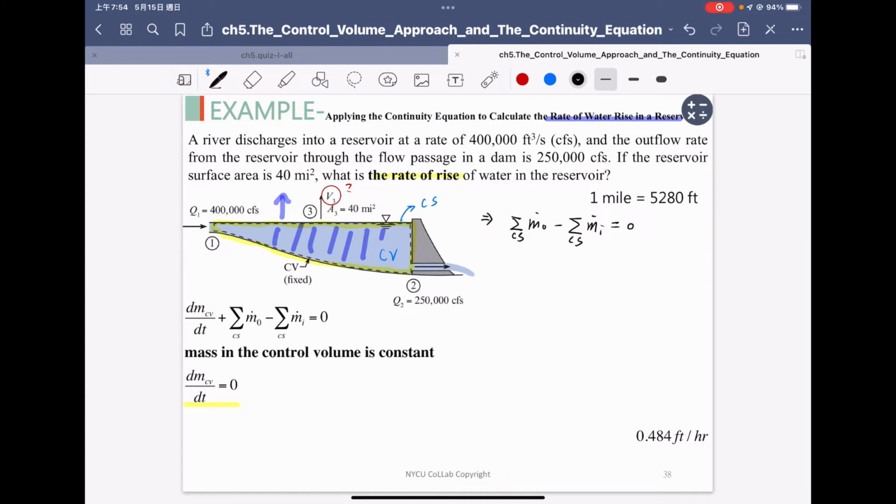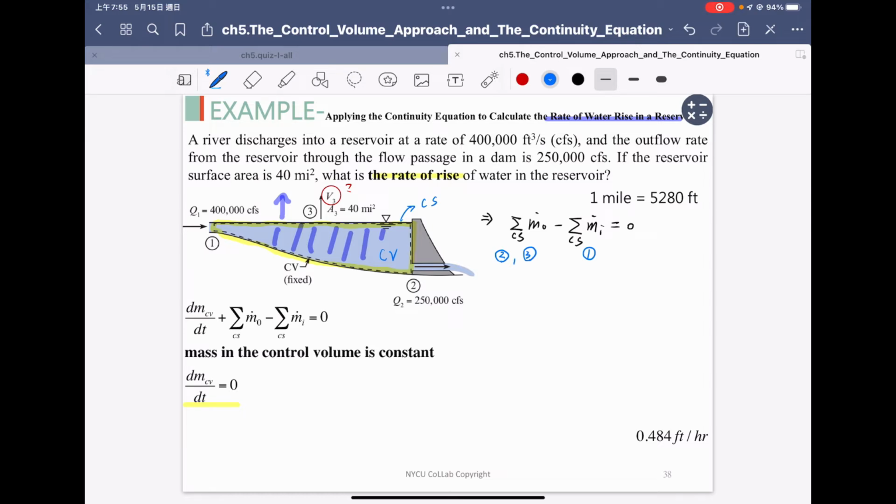So how many outflows do we have? The cross-section areas for sections 2 and 3 are related to the outflow, and the cross-section area for section 1 is associated with the inflow.